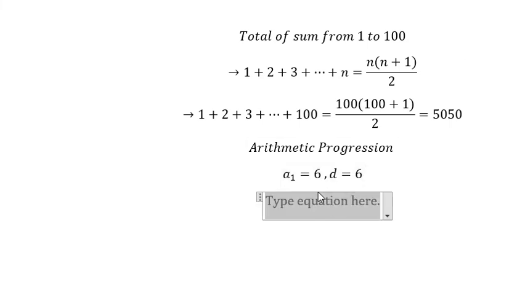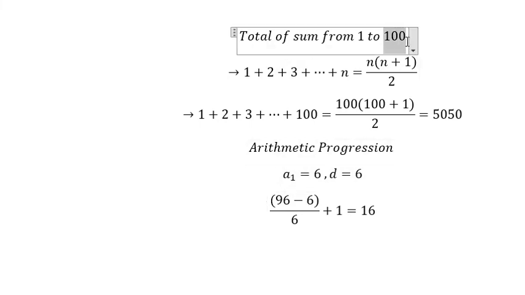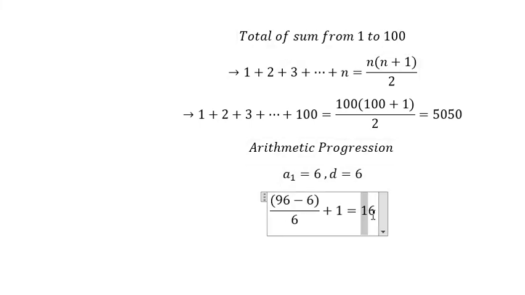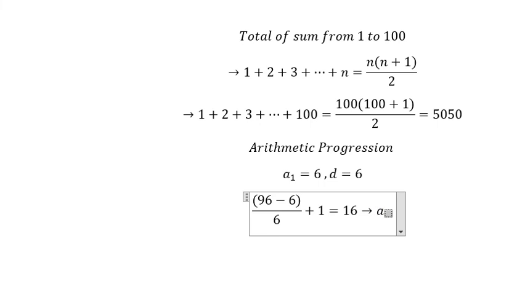And we know that from number 6 to 96, we have the formula in here. And that is number 16. So the last term near to 100 is 96, for the term number 16 in here. So that means we can put a number 16 equals to 96.